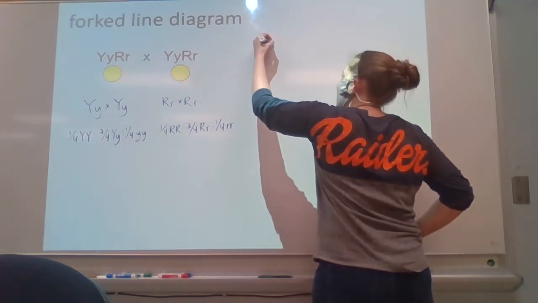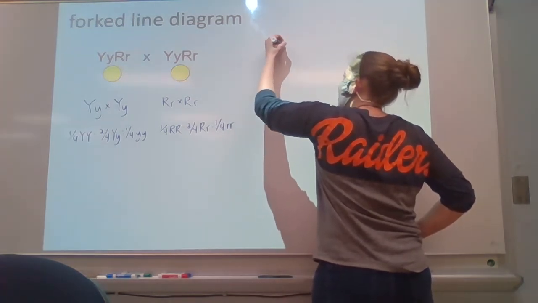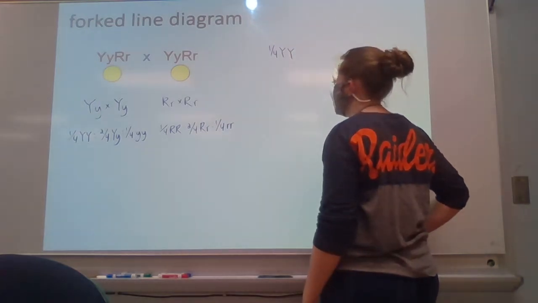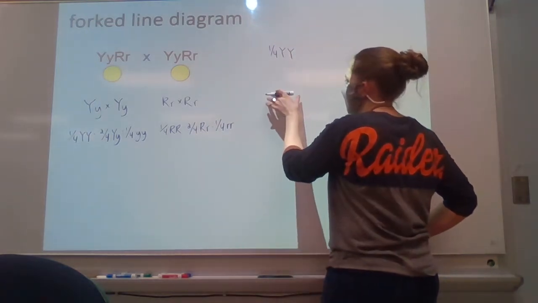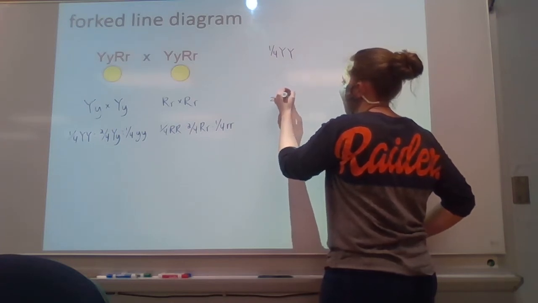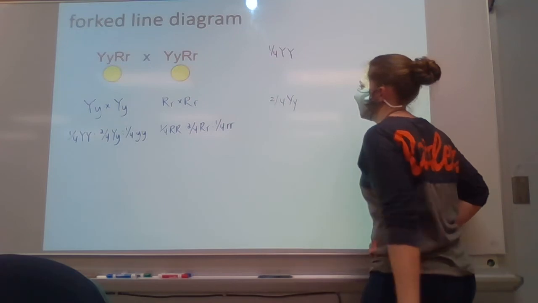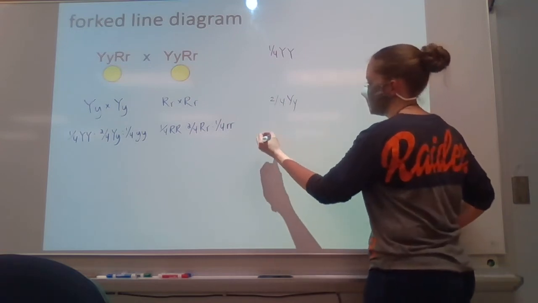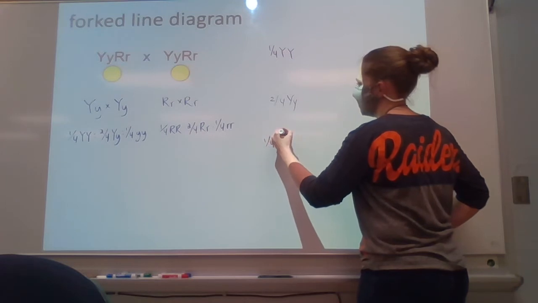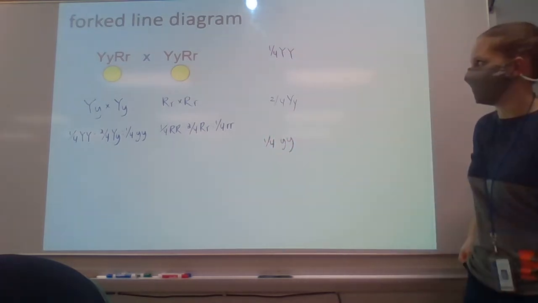So there's a quarter chance that the offspring will be homozygous dominant. And then I'm going to leave some space. There's a 2/4 chance it's going to be heterozygous. Then leave some space. 1/4 chance homozygous recessive.